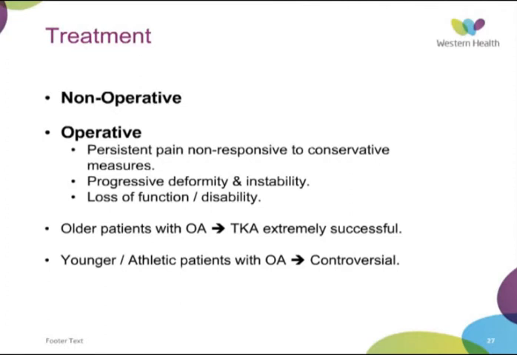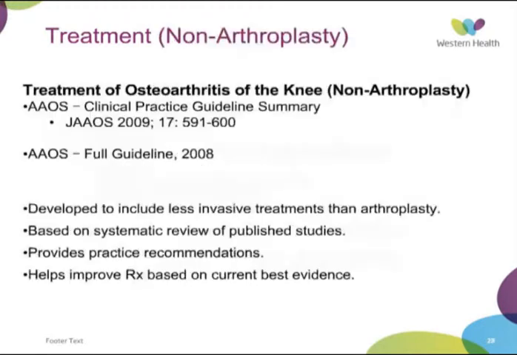Older patients with osteoarthritis will tend to eventually have a total knee arthroplasty, which has proven to be rather successful. However, for younger patients or athletic patients with osteoarthritis, the management isn't clear cut. It can be controversial.